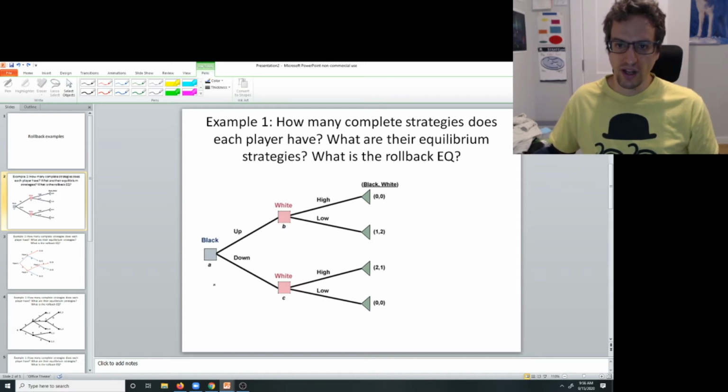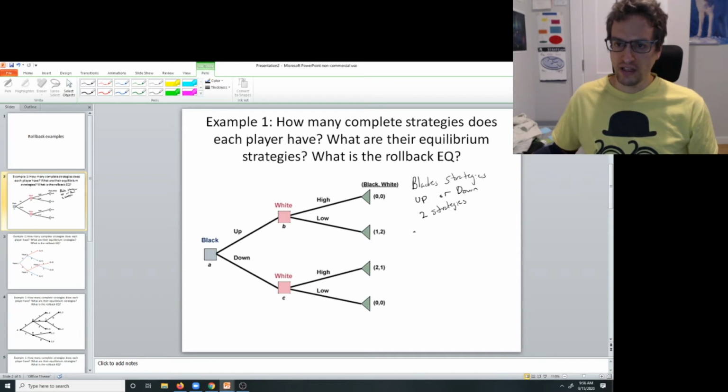They can go up or down. So black's strategy could be to go up, or it could be to go down. So they have 2 strategies. That's pretty simple. Everyone should be able to get that one.